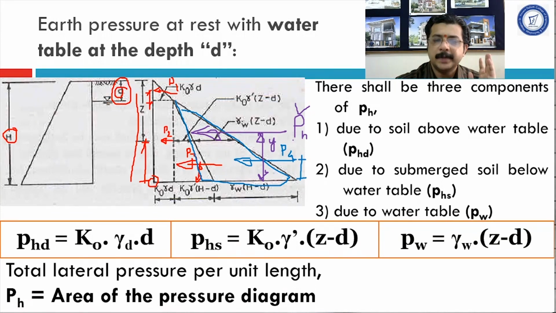So PH multiplied by y will be the moment produced by the resultant force. Equate both sides: the moment produced by the total force and the moment produced by the component forces collectively. Equating these two moments, finally we will get the distance y. So at distance y from the base of this retaining wall, the total pressure will be acting. This way we can find the earth pressure at rest when the water table is somewhere at an intermediate depth of the retaining face.